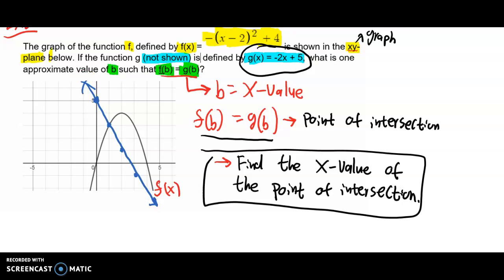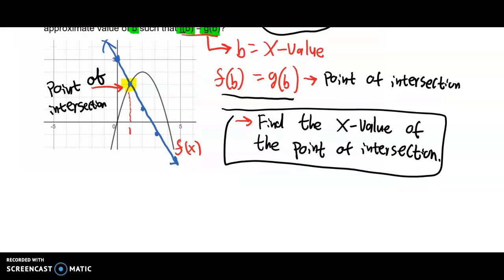Great. Right here, I have a point of intersection. What is its x value? Let's just follow it down to the x-axis, and that's 1.